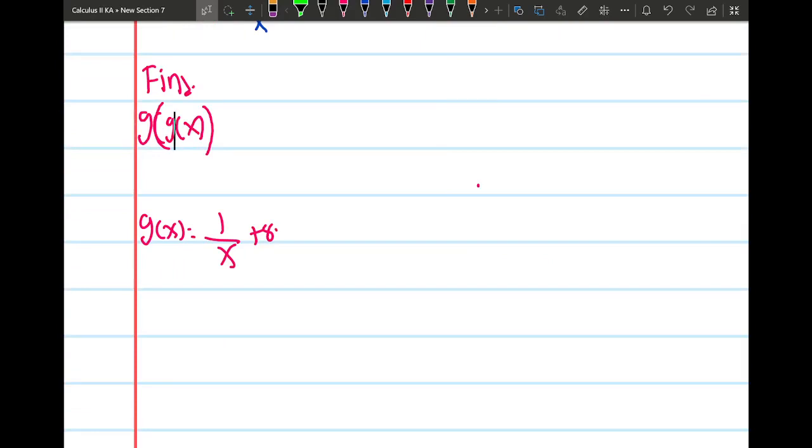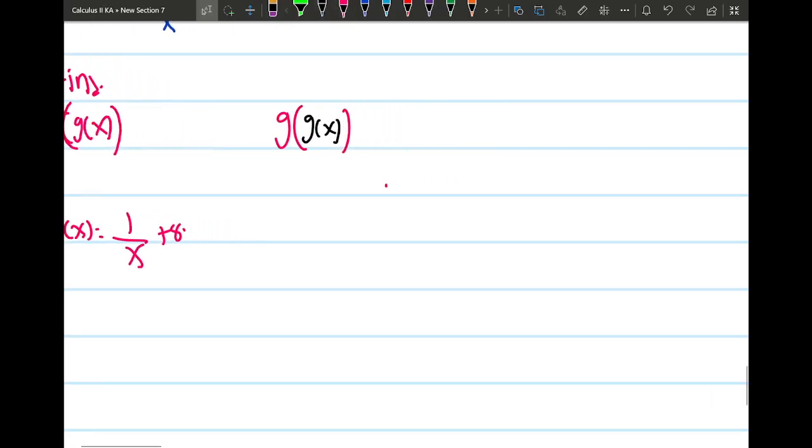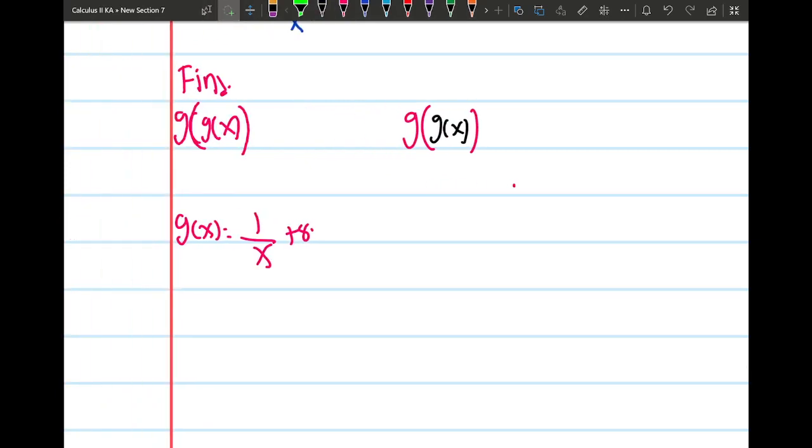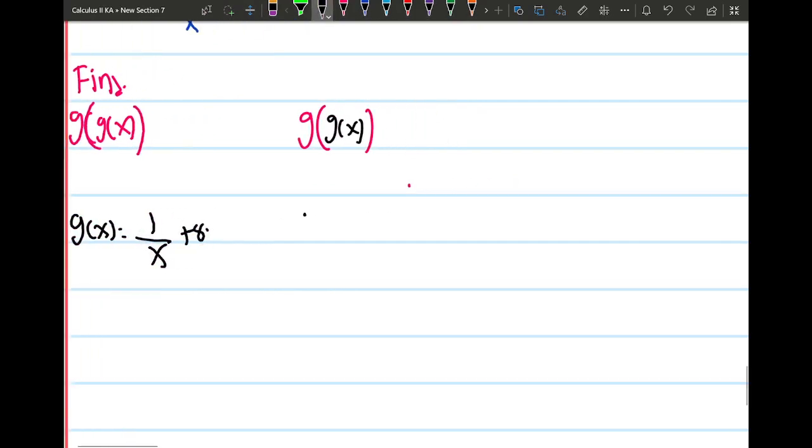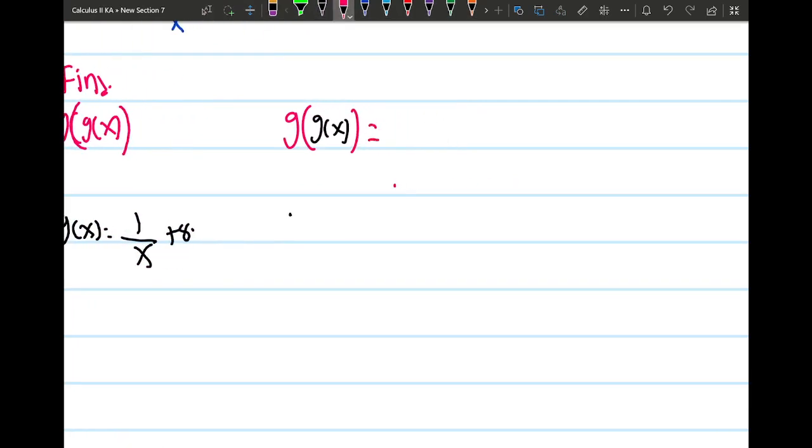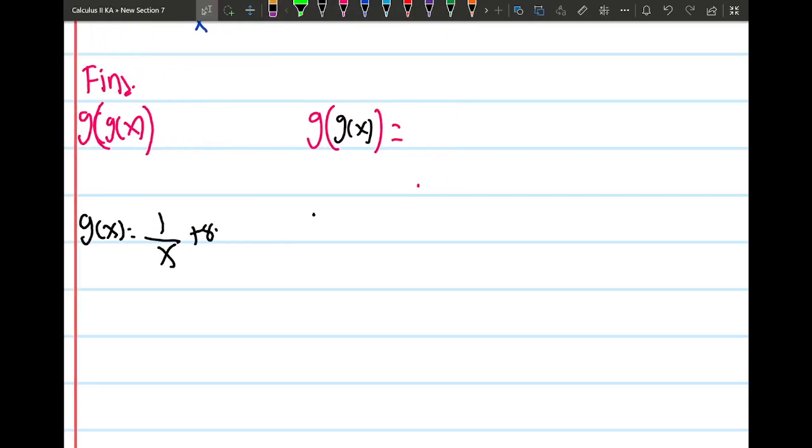So I'm going to try for this one to put it in a kind of different notation, with color coding here. I'm going to denote g of x in black so that you guys can see better what I'm doing. So really it's going to be 1 over g of x, and then plus 8, like this.